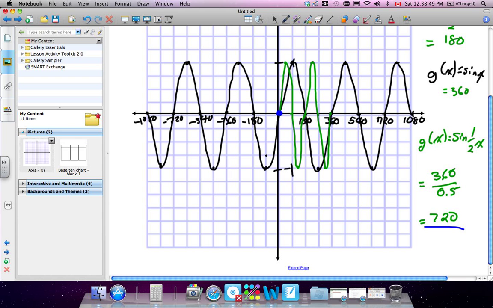So what happens here is here's our 0, and I know my whole period occurs over 720. So I could find all my new spots by typing them in the calculator. Let's find out what 180 is. So you would have to do 1/2 of 180, 180 divided by 2, or times 0.5, same thing. And then sine of that. 1.